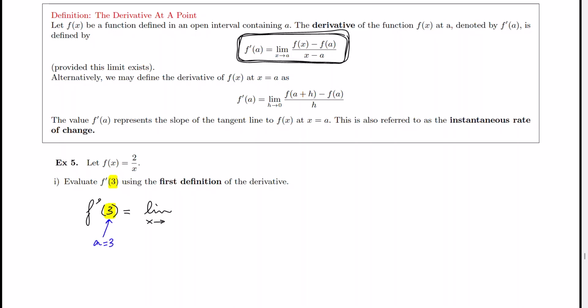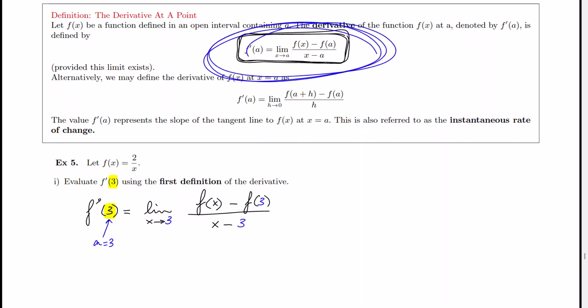So the limit as x approaches 3, and then I'm supposed to write a fraction where I put f of x first, which is the equation of the function we're given, minus f of a, and remember a for us is 3, because that's the number we see inside the parentheses. And finally, on the denominator, we have x minus a again, and a is 3 because that's the number inside the parentheses.